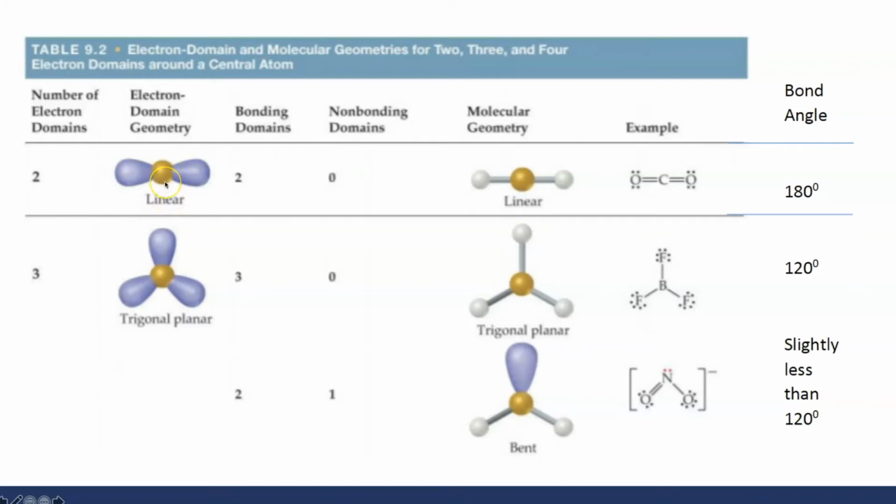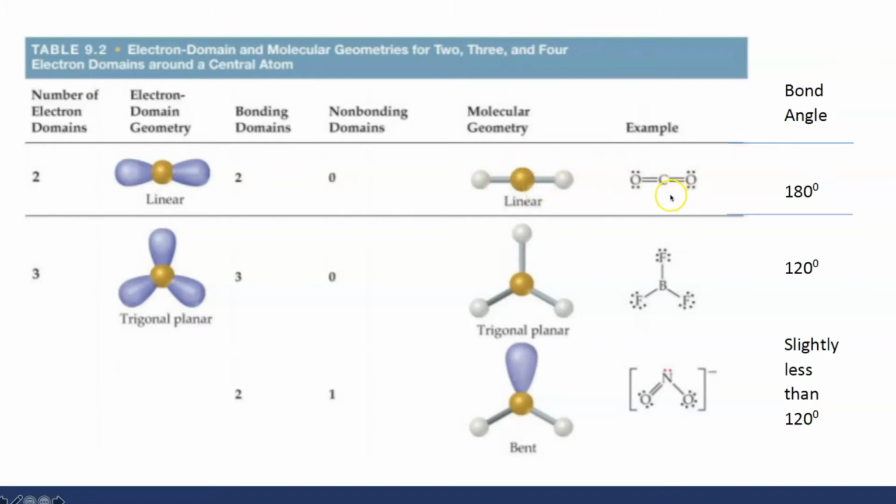If I have just 2 electron domains and they want to be as far apart as they possibly can, the most spread out they can be is 180 degrees apart, at 2 opposite ends. For these, they're all going to have 2 bonding domains, none of them non-bonding, and they're going to have a linear molecular geometry.